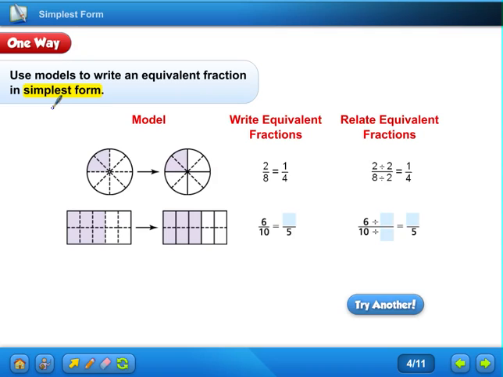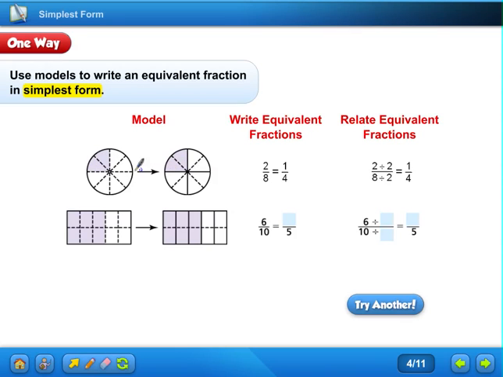All right. So what we're going to do is we're looking at the model right here. Here was 2/6, and they also have 2/6. Oh, I'm sorry. This is 2/8. 2/8 and 2/8.